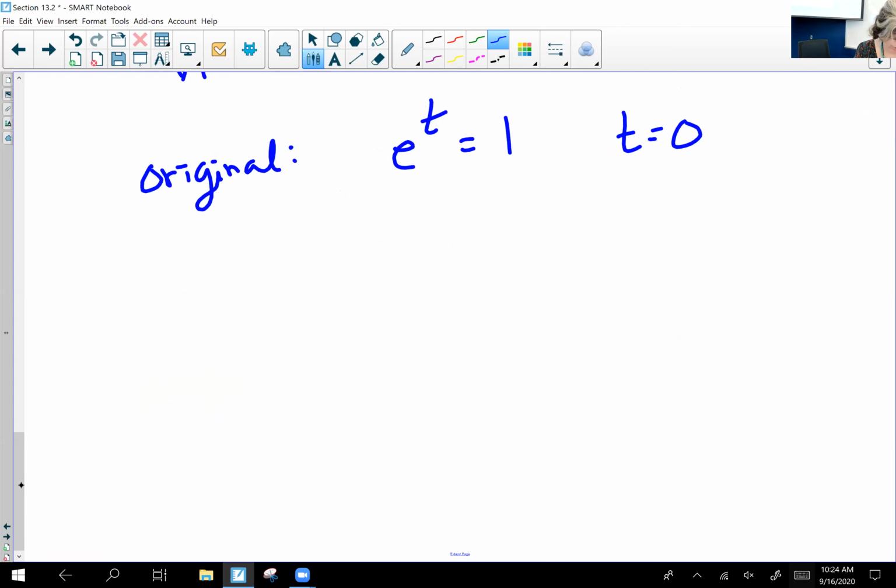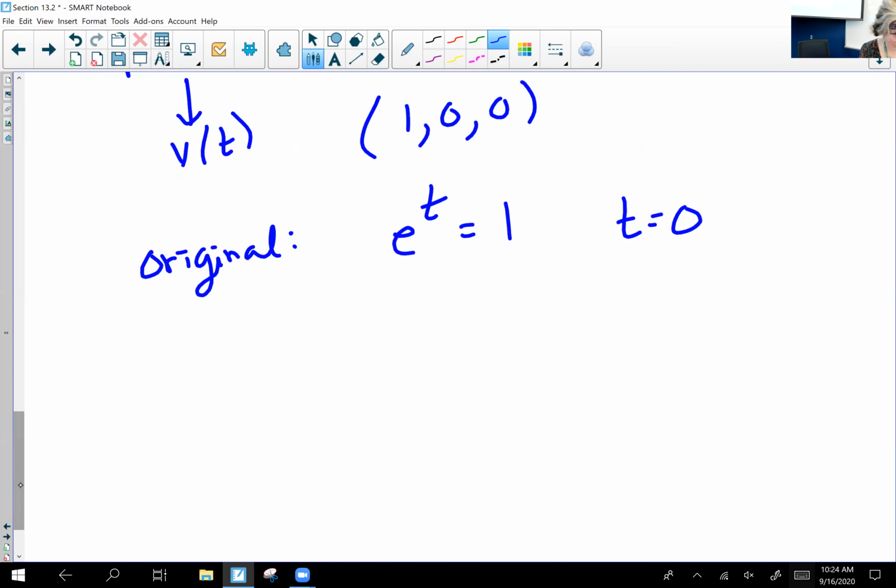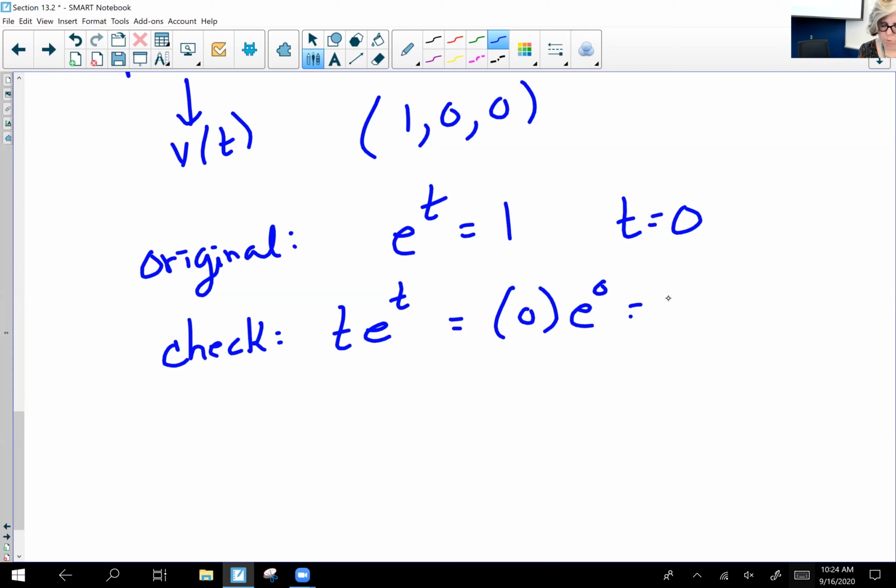Let's go ahead and check to make sure we get the other points. The second term was t e to the t. So that's going to end up being 0 e to the 0, which would be 0. Well, that's my second point.